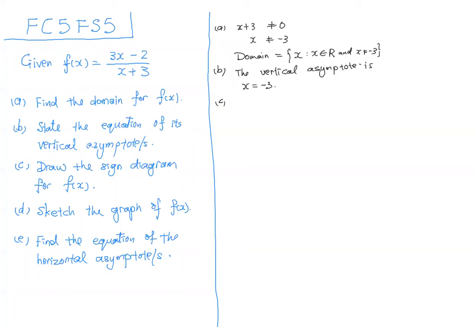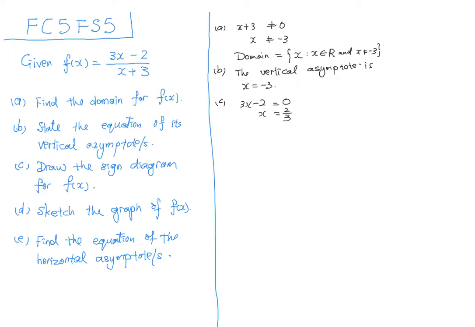Tan Jia-sin, how to draw the sign diagram now? Give me step by step. Find the x-intercept. So what is the x-intercept? 2/3. So that means I say f(x) equal to 0, correct? Yes. So I have my x equal to 2/3.